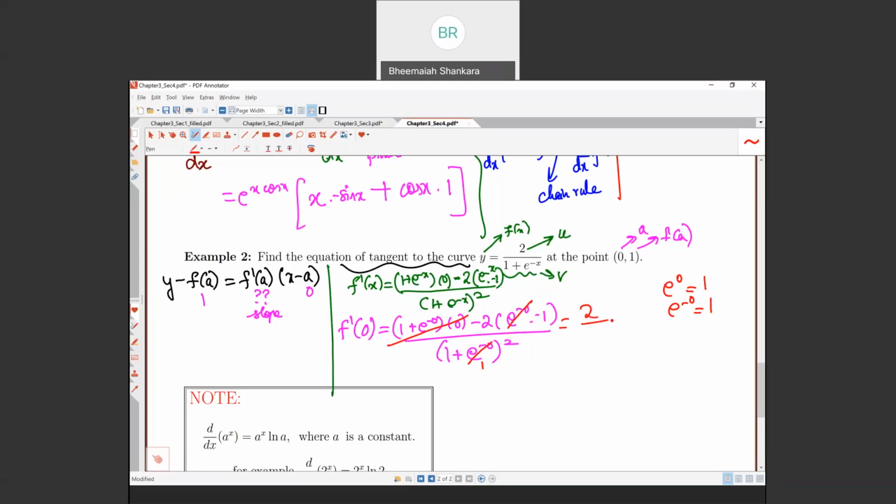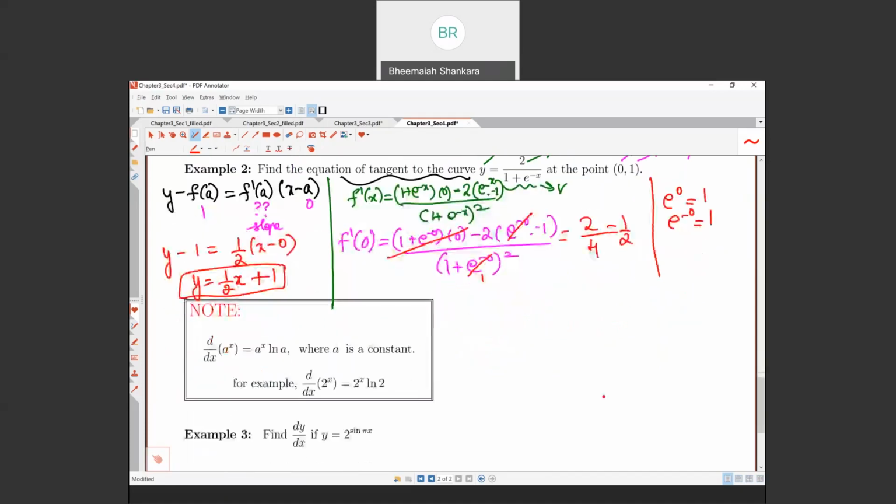Simplify, you have 1 half. So the slope in the problem is 1 half. Bring that back, plug it into the equation here. So this is 1 half times (x minus 0). So all you have is 1 half x, and then you have plus 1. So this is the tangent line.